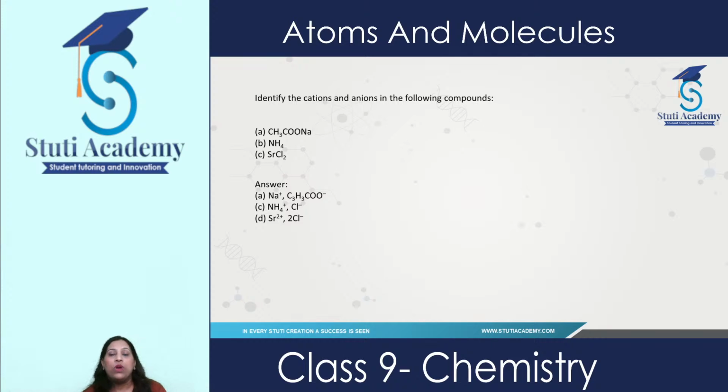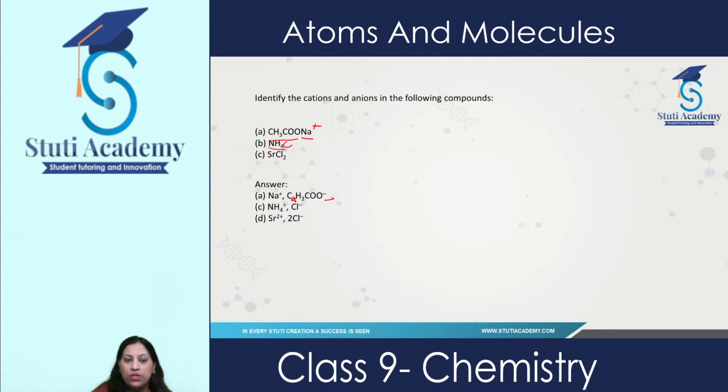Now, next question is identify the cations and anions in the following compounds. The compounds are given and you need to segregate which one is the positive one and which one is the negative one. So if you look at this, Na is positive and CH3COO is negative.